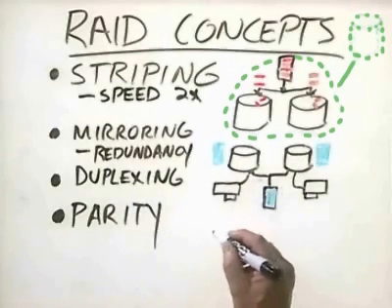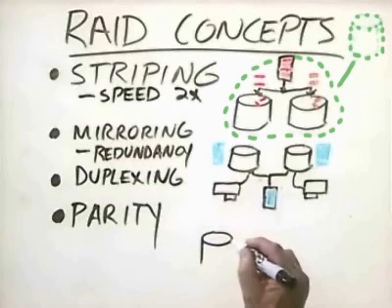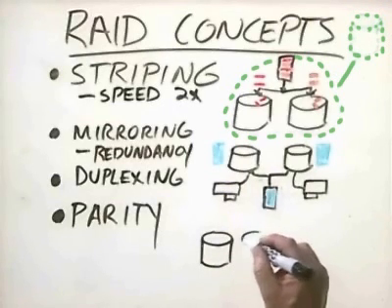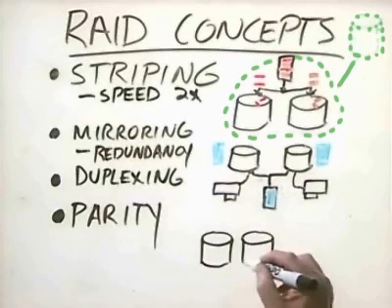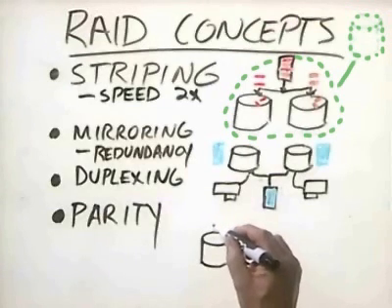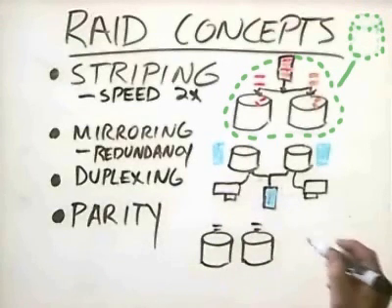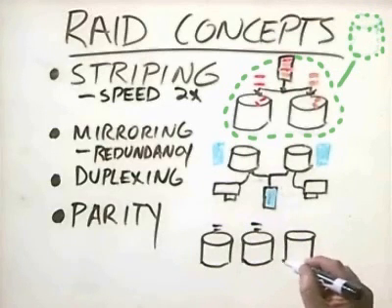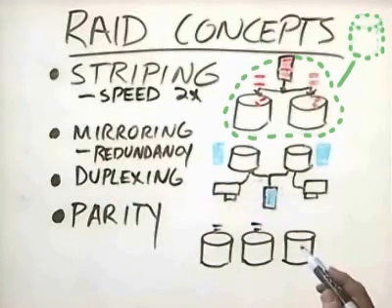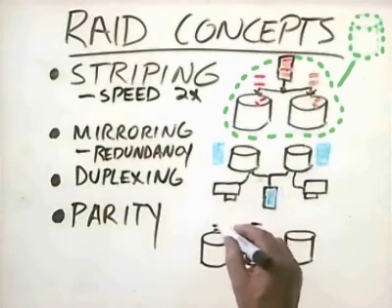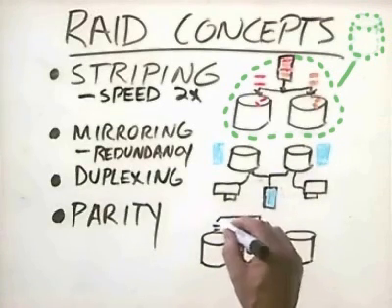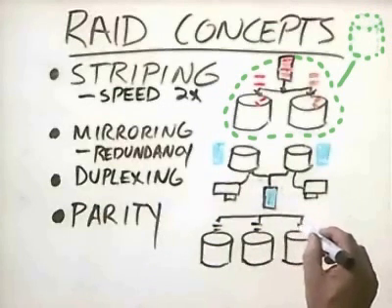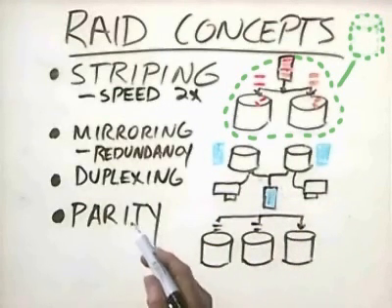When we set up parity, what we do is we set up our striped array, and this one we're going to use two disks, and these disks use striping. But we add a third drive to the array. Depending on the RAID level, this could either be the entire disk or we might use just parts of the three disks. In this example, let's say we set up a striped array between these two disks right here, and then we add a third disk to the array that contains parity information.